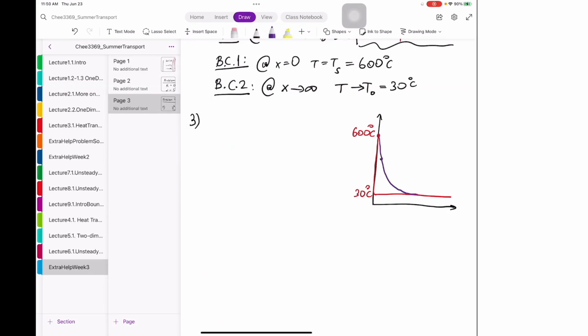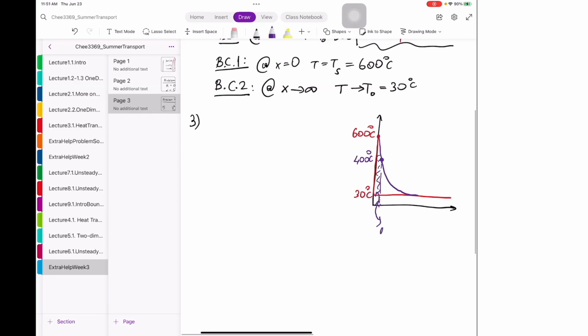And imagine this is 400 centigrade. That means it's going to disintegrate up to this point. Region disintegrated. So I want to find out that thickness. Let's call this xd, d for disintegration. I want to find this xd.